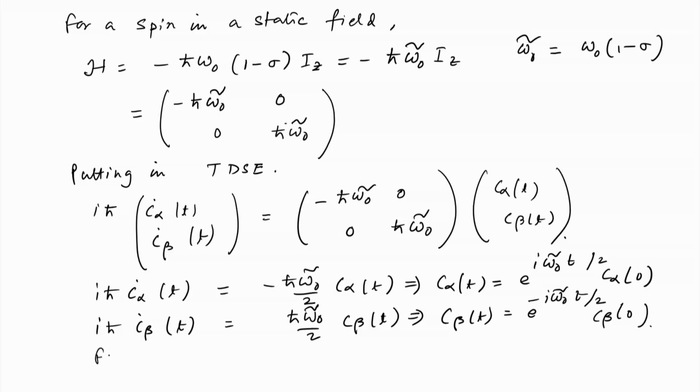So, these coefficients Cα and Cβ denote the time evolution of each of the spin components, up and down components, with time. So, how they evolve with time. For simplicity, you can assume Cα(0) and Cβ(0) to be just numbers, which means that they are real values.